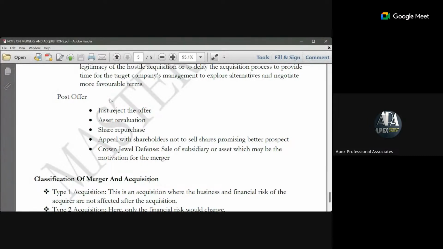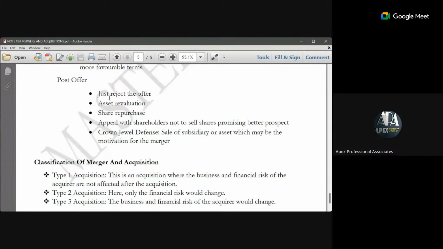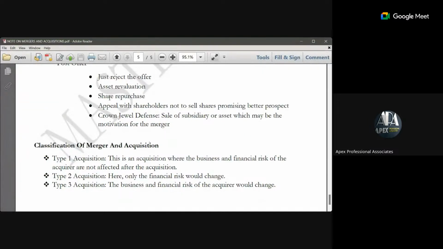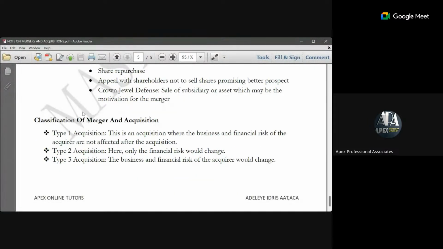So at this point, we have been able to explain the theoretical aspects of mergers and acquisition. But before I wrap up the class, let's just explain in brief what I have here. That is the classification of mergers and acquisition. We have the type 1 acquisition, the type 2 acquisition, and the type 3 acquisition.